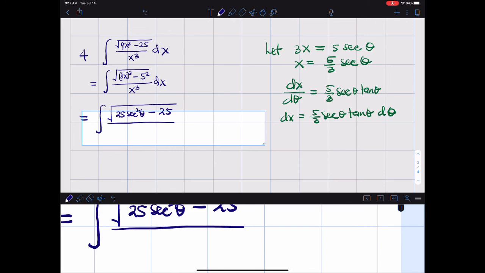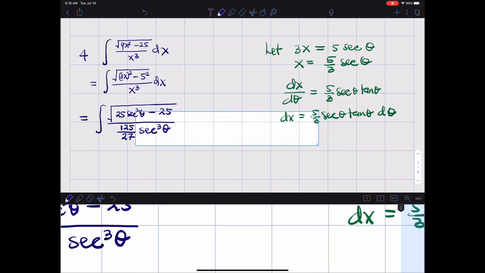So this becomes 125 over 27. That is ugly. I don't like what I'm seeing. Secant cubed theta. And then our dx becomes 5/3 secant theta tangent theta d theta.